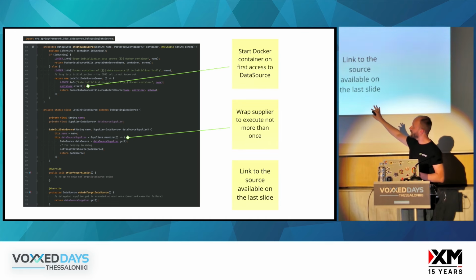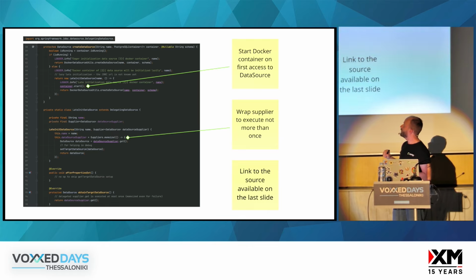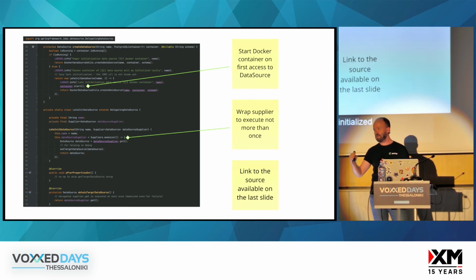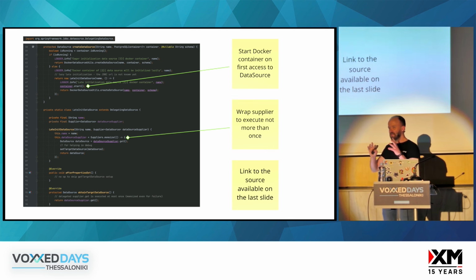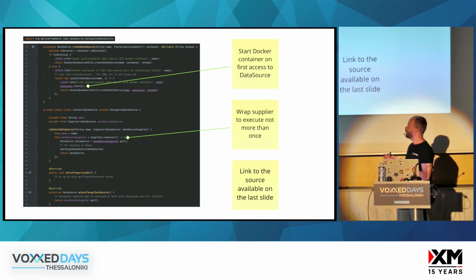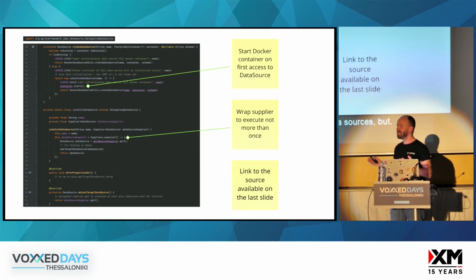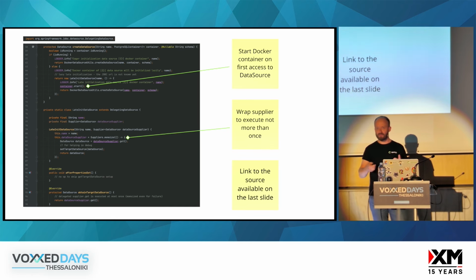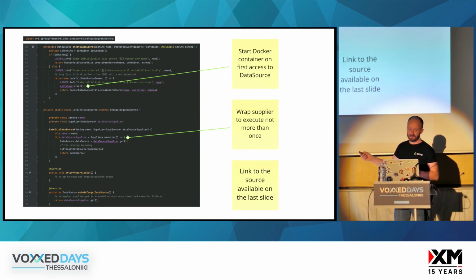Again, don't worry if you cannot recognize all the code, but the idea is very simple. You wrap the standard data source in a lazily initialized delegate, and on the very first call of data source getConnection, it will spin up the new container once. The trick is, if you, for example, declare 10 containers with their data sources, but most test scenarios will need only 2 or 3 of them, the others will just never be created. And this can boost the time of executing tests a lot and reduce the average number of created containers.